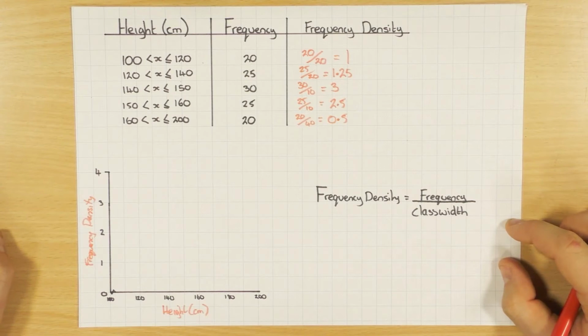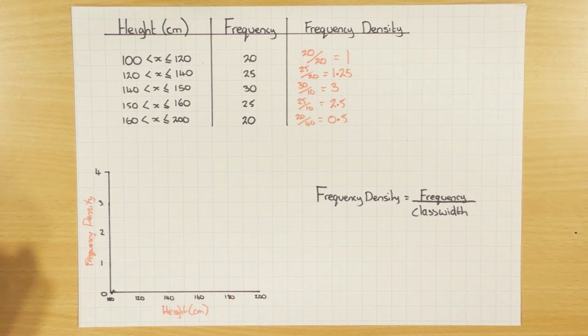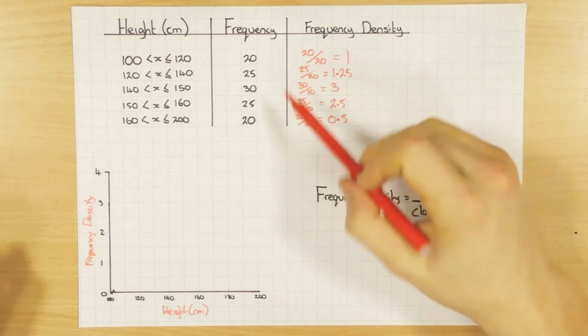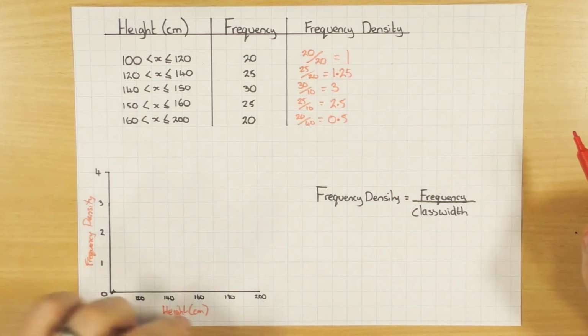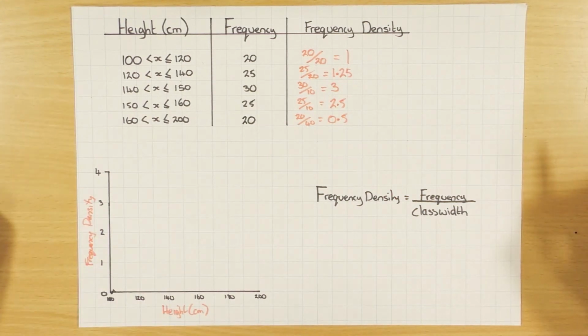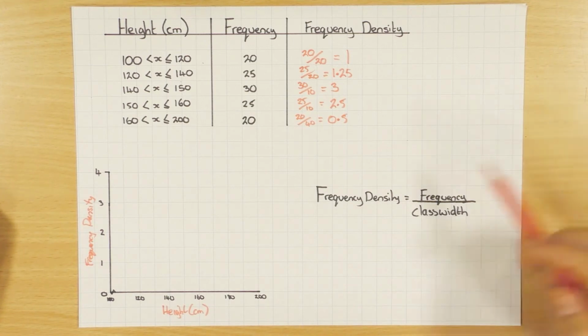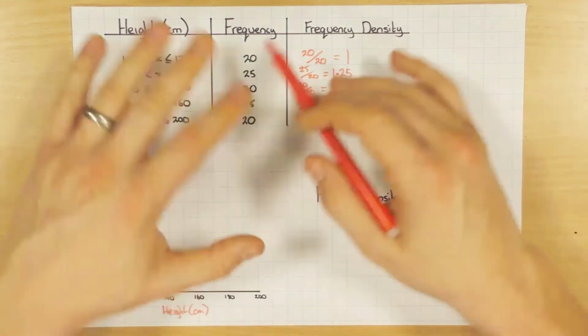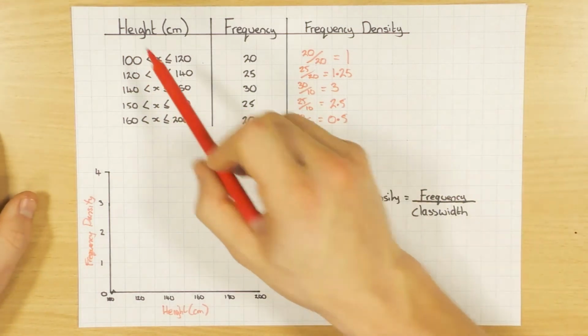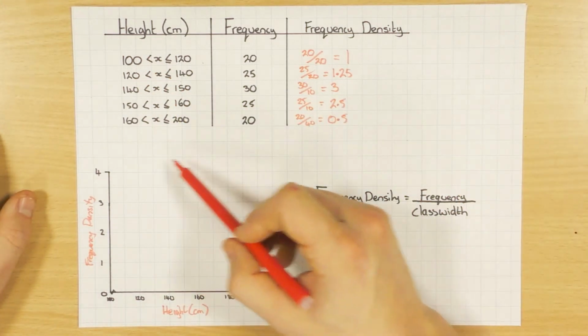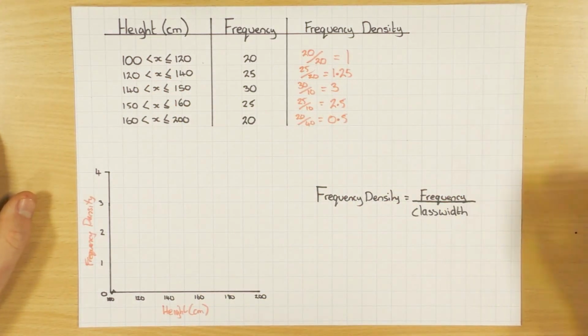You will lose marks in the exam if you do not label your axes. And even if you can't do any of this, and even if you plot a bar chart, always label your axes, because you never know, you might get lucky and get a mark for that even though your answer is wrong. So definitely always label your axes, and obviously don't forget a title. Now I haven't got any context to this, but it might be something like the height of a class, so just make sure you add the title as well.